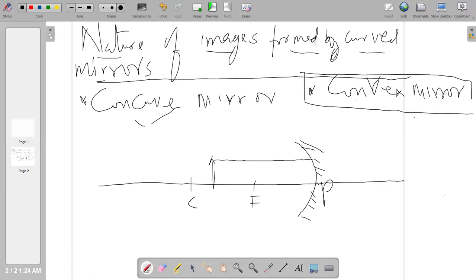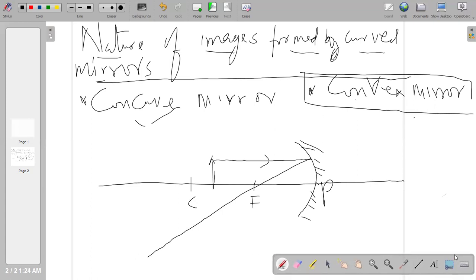Once again, rays parallel and close to the principal axis will converge at the principal focus after reflection, while rays through the center of curvature will go undeviated.